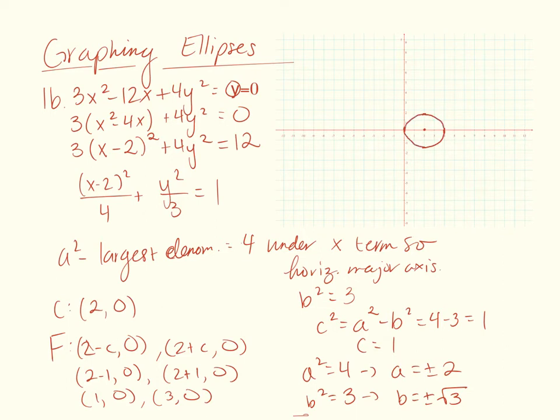And so when I say label, I mean label the center, which is 2, 0, and then label each of these. So mark them. This is 4, 0. This is 2, negative square root 3, 2, plus square root 3, and 0, 0. And that's your graph.